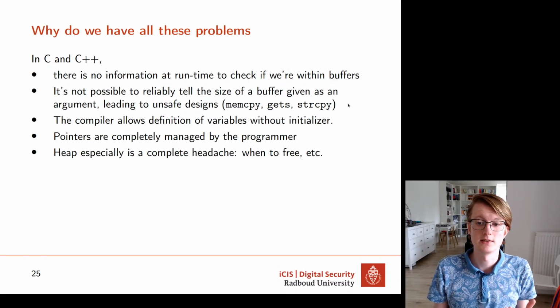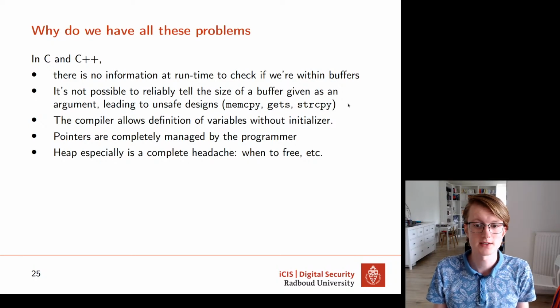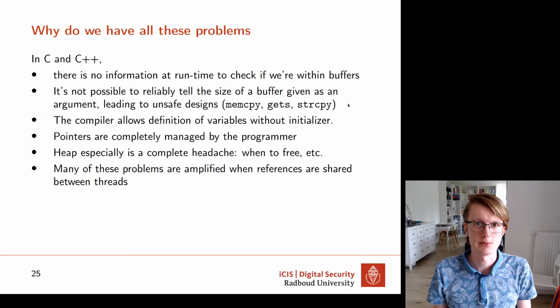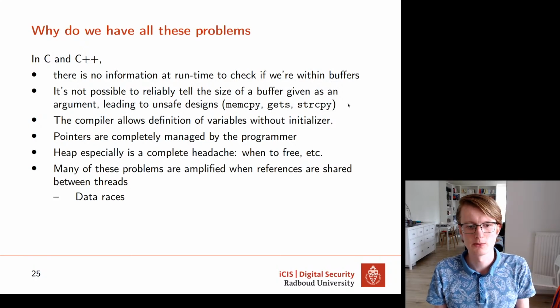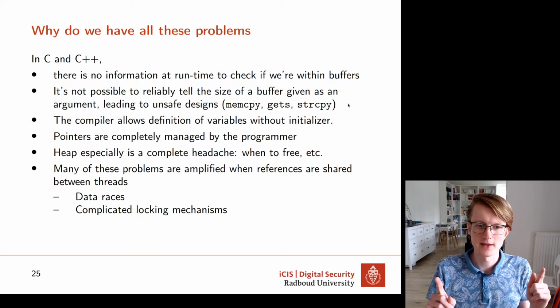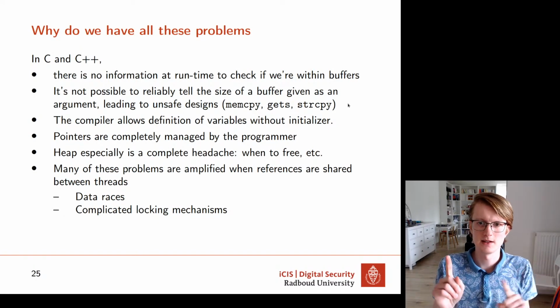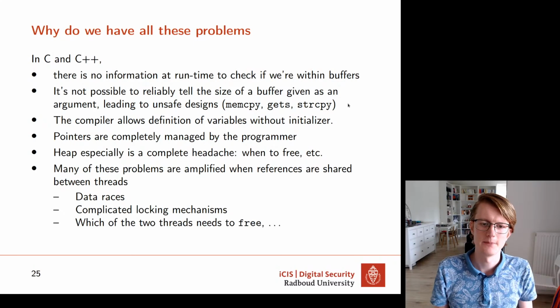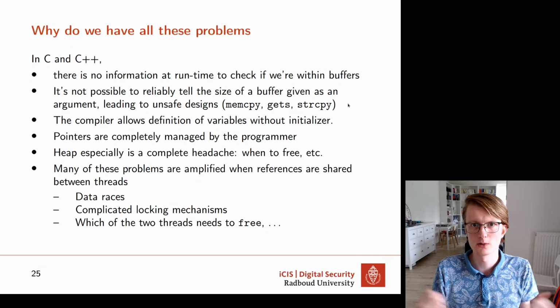The heap is a special kind of headache when you need to free something, etc. And many of these problems are also greatly amplified when references start to be shared between threads, because then you have all sorts of problems with locks, data races, where threads start to update things in different orders, and then it's hard to remain consistent. If you pass something along to two threads, which one needs to free some heap variable at some point?